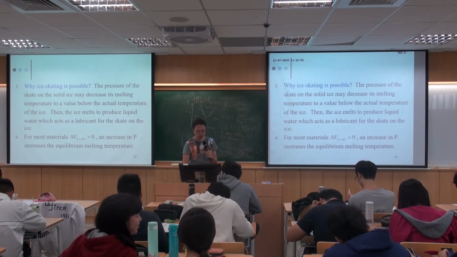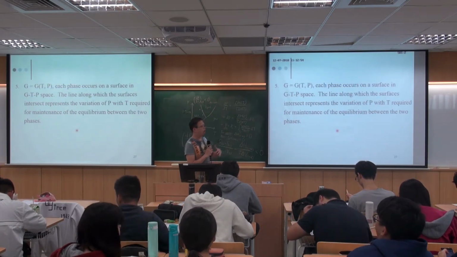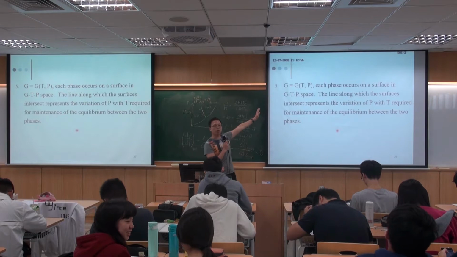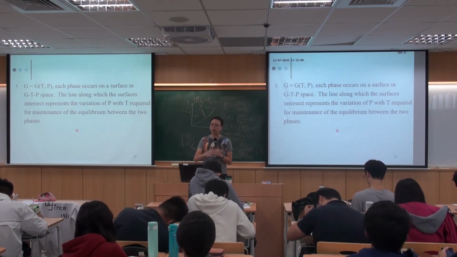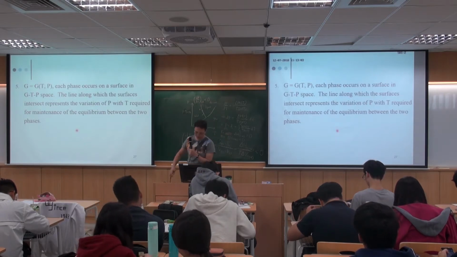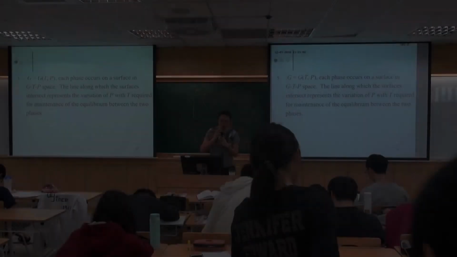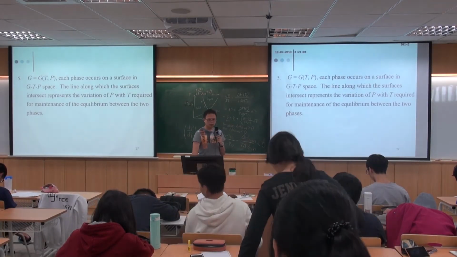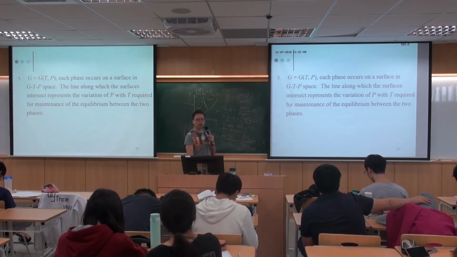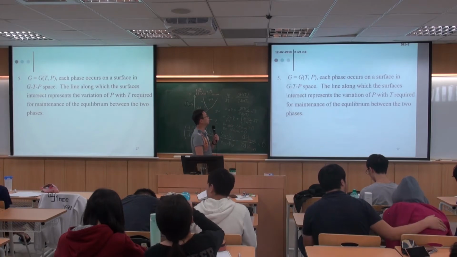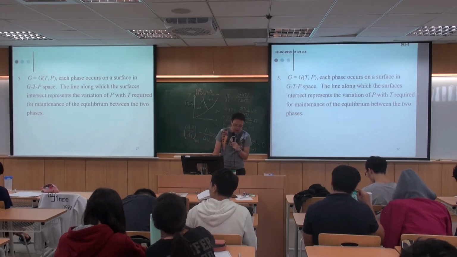Okay. And of course, eventually we want to see Gibbs free energy as a function of both temperature and pressure, and we'll see that later in 10 minutes. So eventually we want to see Gibbs free energy as a function of both temperature and pressure.